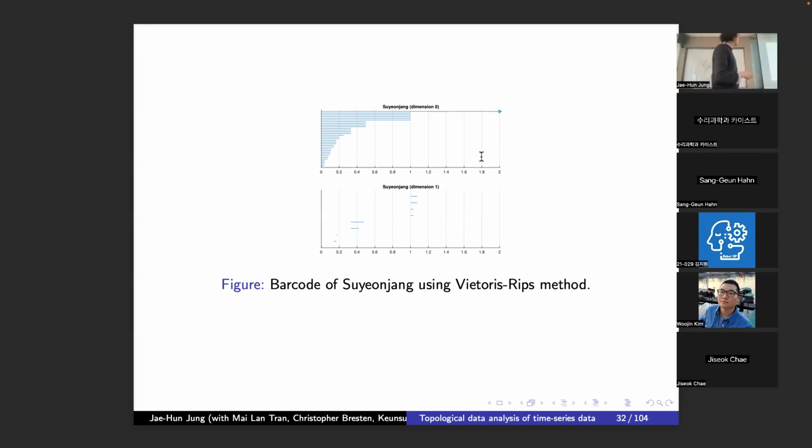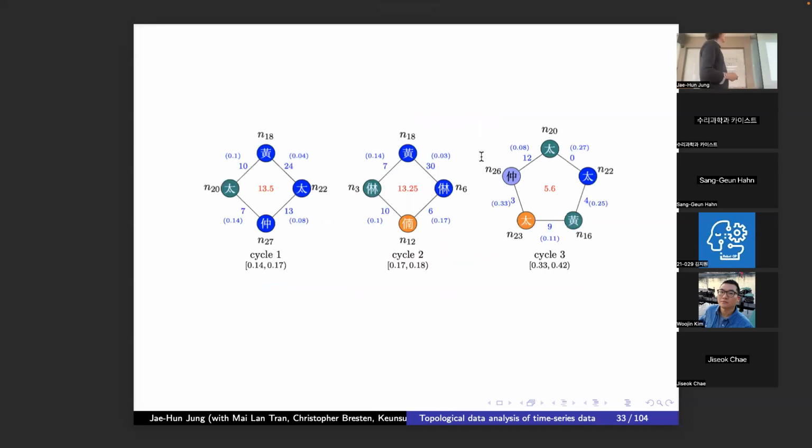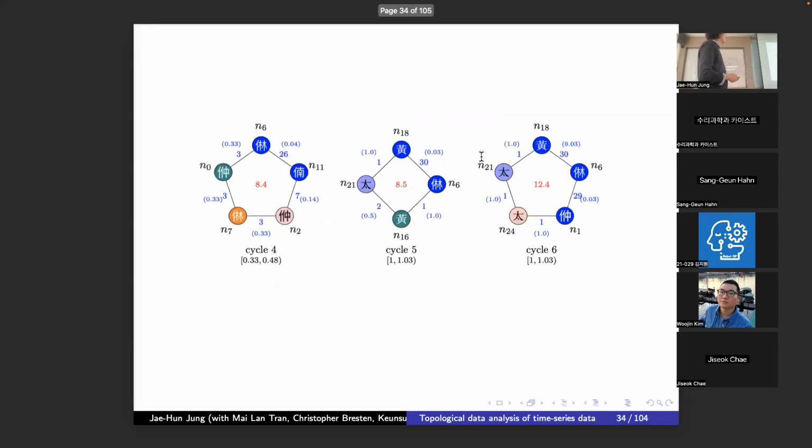And I showed this to the TDA expert, and they said, oh, this is really small. The percentage is really small. That must be noise. In fact, this is not noise. Actually, this is a really important cycle melody. The mathematicians think this is noise, but musicians think this is a really important melody. So this is not noise. So we found cycles. Okay, so these are the cycles. They are connected to each other.